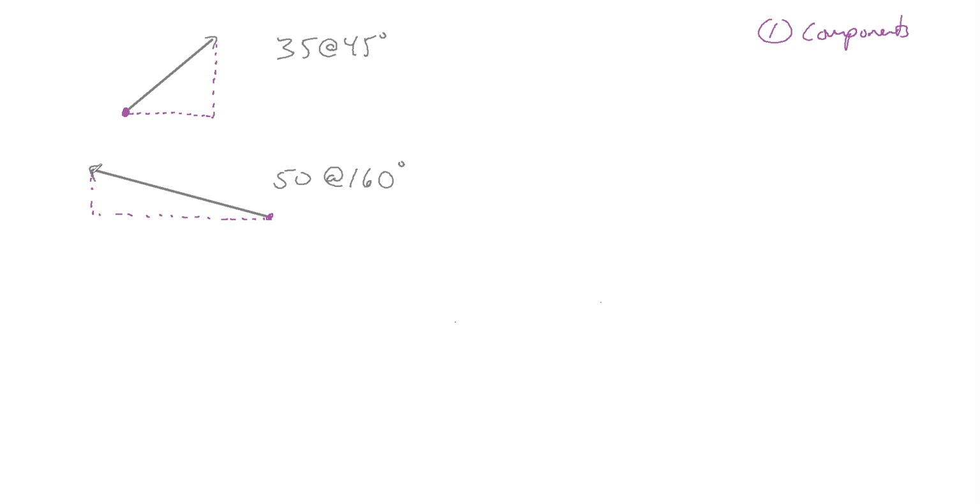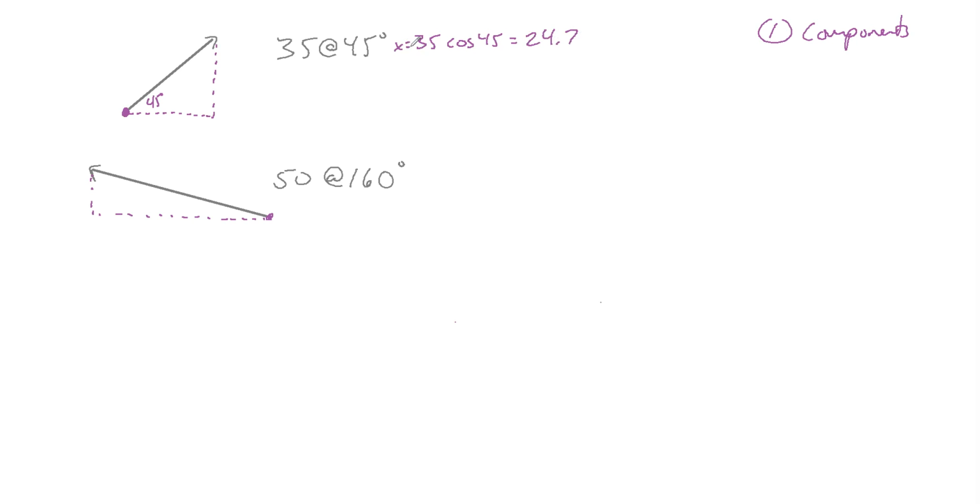Okay, so for this guy right here, 45 is nice because I know the components are going to be equal to each other. So I'll do my 35 cos of 45 degrees, and I can get my components. If I do 35 cos 45, I get 24.7. So that's my x component.